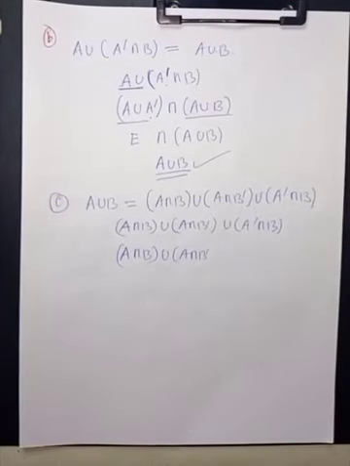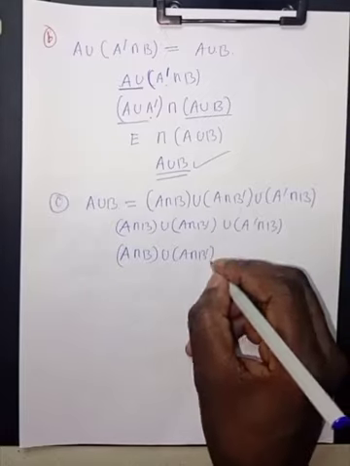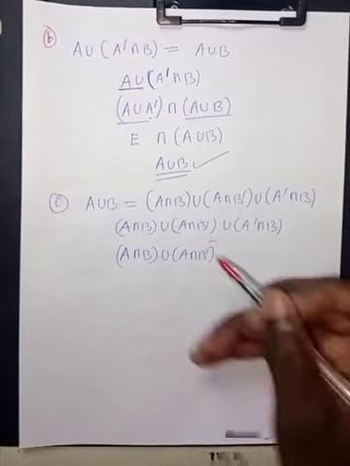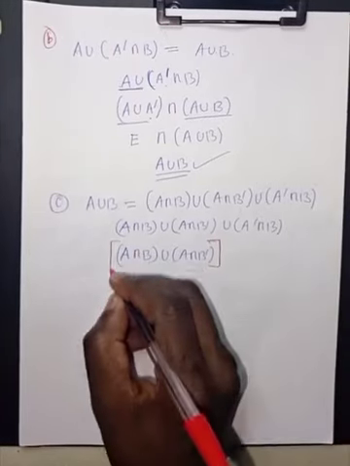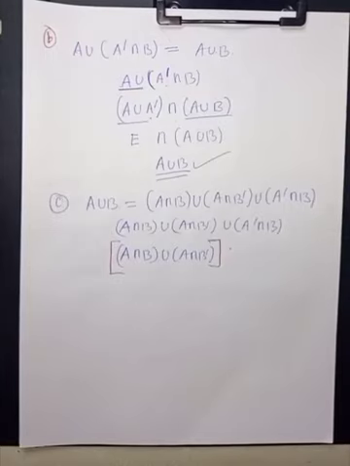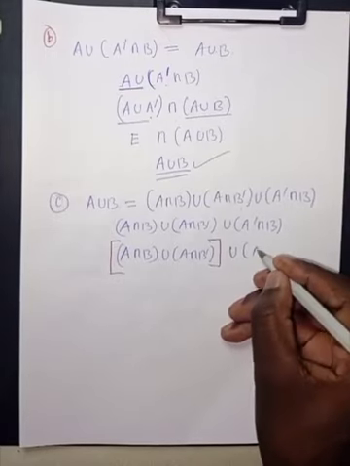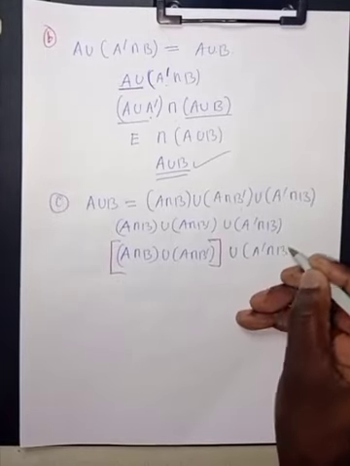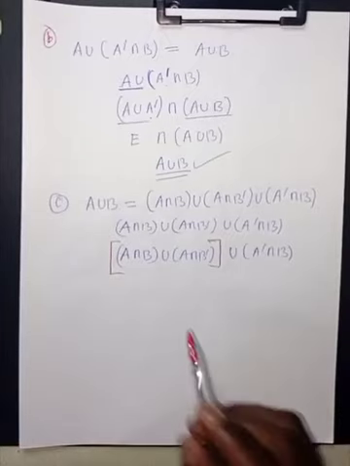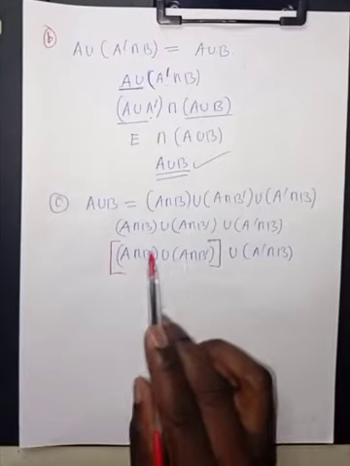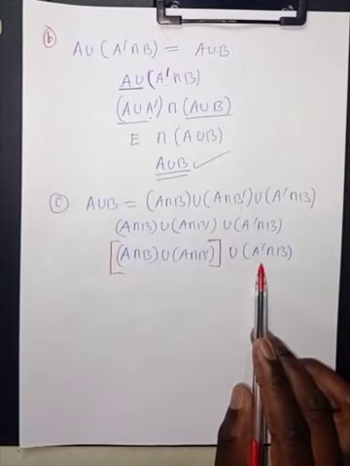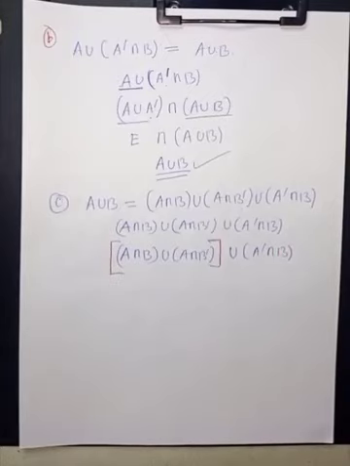Then you do this to show that we are first trying to work with the first two parts. Then you say this side we have got union A complement intersection B, meaning we want first to combine these two together, and then we try to union with the remaining part. Okay.